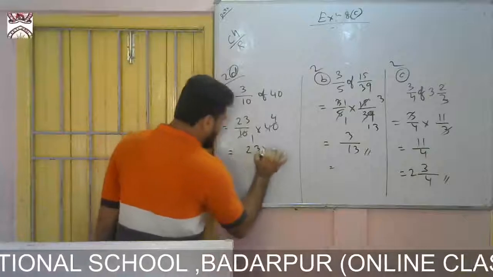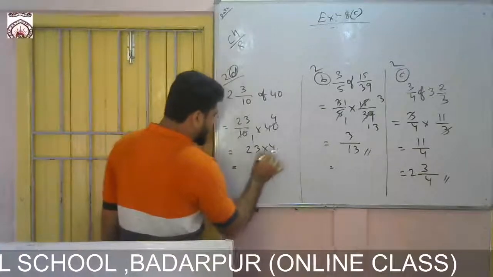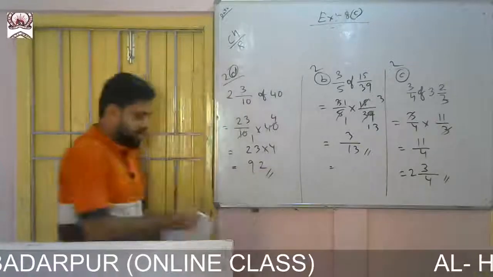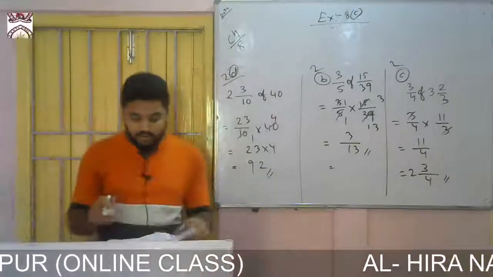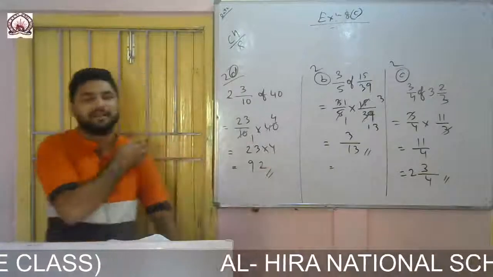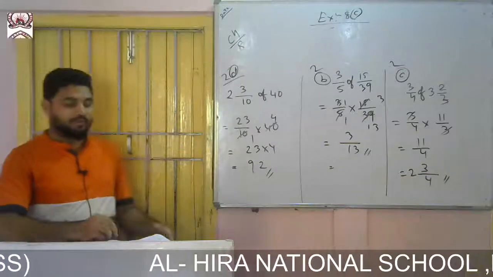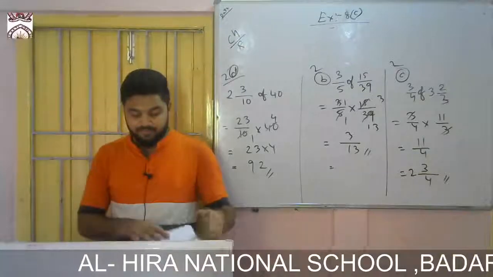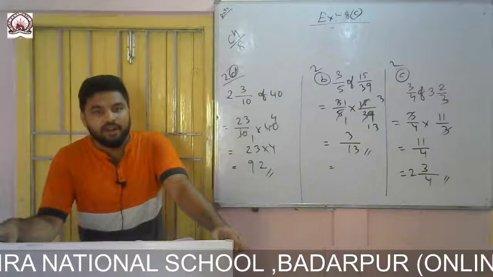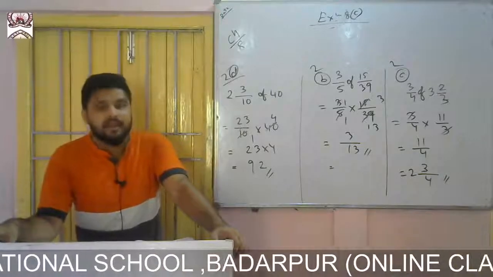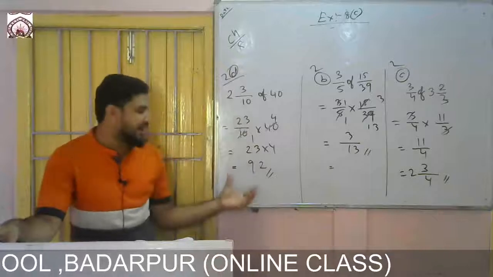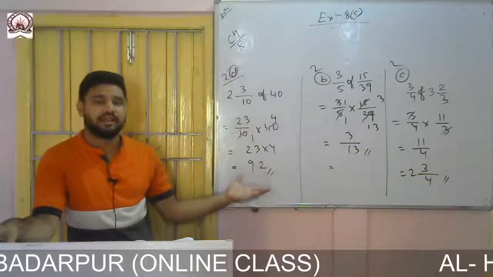So 23 into 4. 3 4s are 12, 4 2s are 8 and 1, 9. It is 92. 92 is the required answer. You just multiply and take into closed form if they are divisible. If they are not divisible, then multiply numerator and denominator, then you will get the answer. And if the answer comes in improper fraction, then take into mixed fraction.